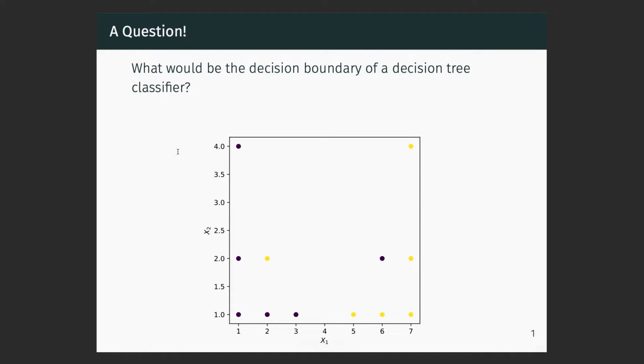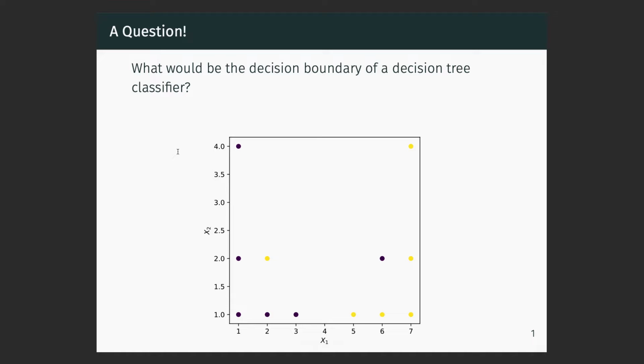Okay, a quick exercise for all of you. We have two different classes, blue and yellow. What would be the decision boundary of a decision tree classifier? And let me turn on the lights. What do you think would be a decision tree learned for this data?